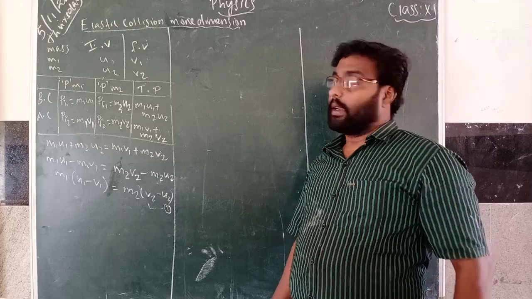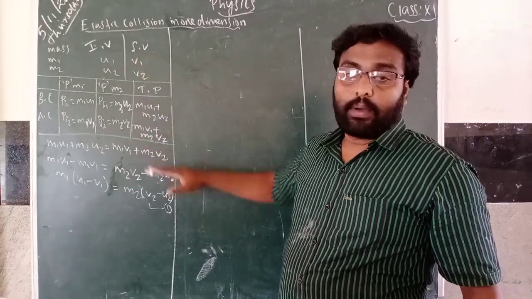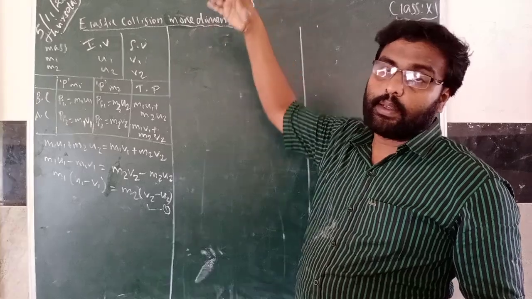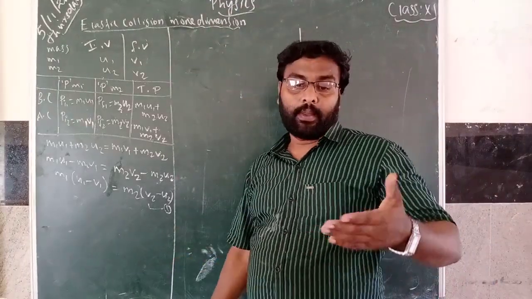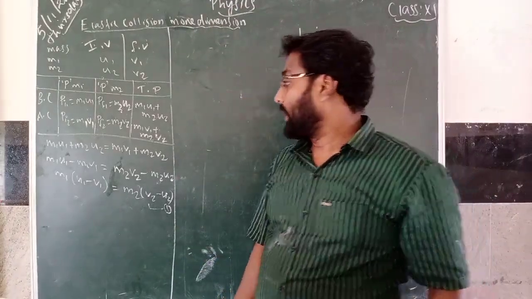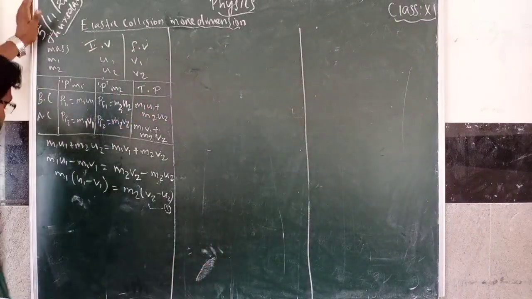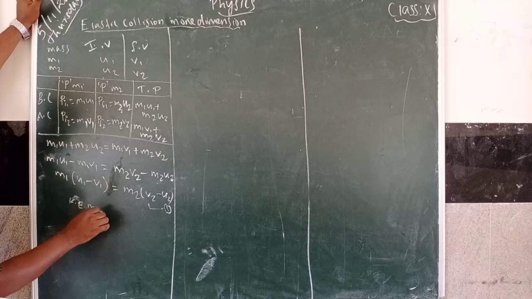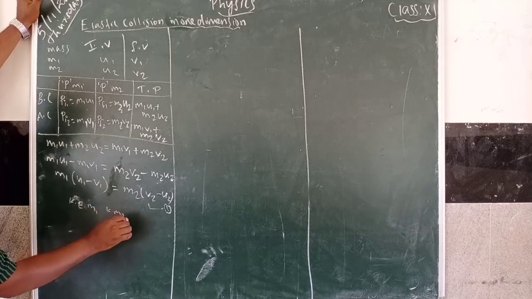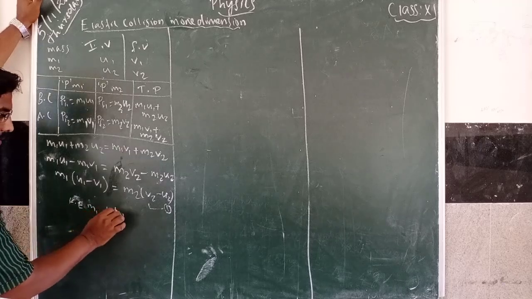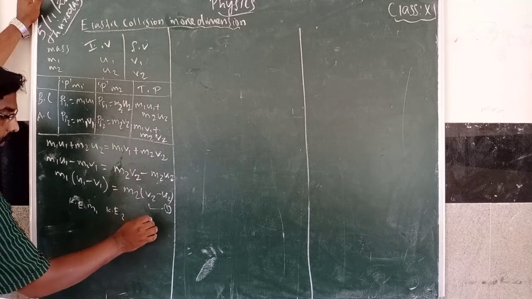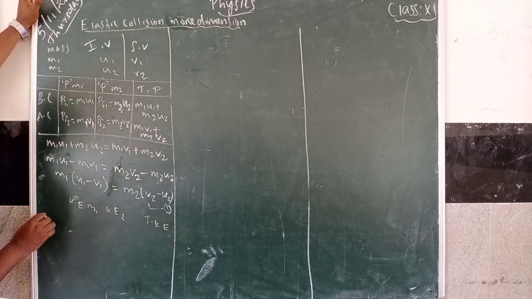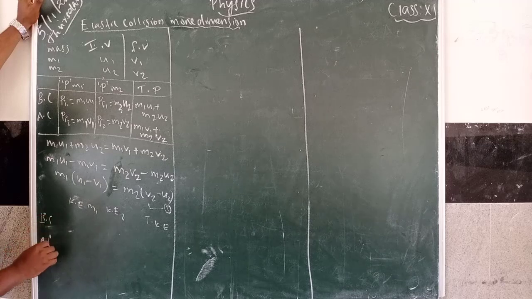For the next equation, you have to draw another table like this. That was for momentum. Next, there is a table for kinetic energy: before collision, kinetic energy of mass 1, kinetic energy of mass 2, then total kinetic energy, before and after collision.